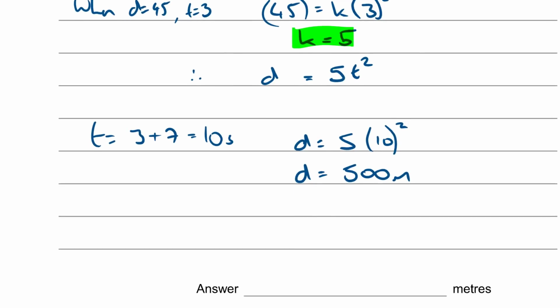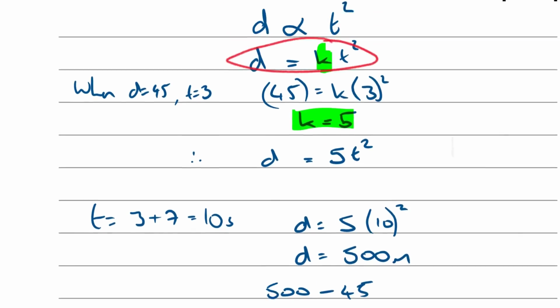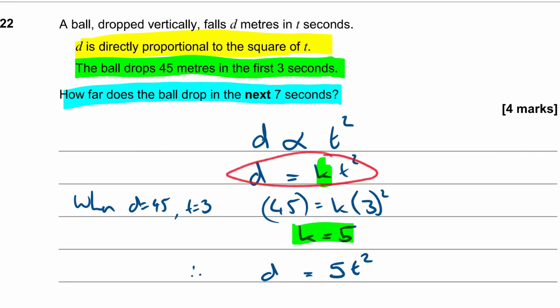So 500 subtract 45 is 455 meters, which is my final answer. Which just goes to show, beware of anything in bold in the question.